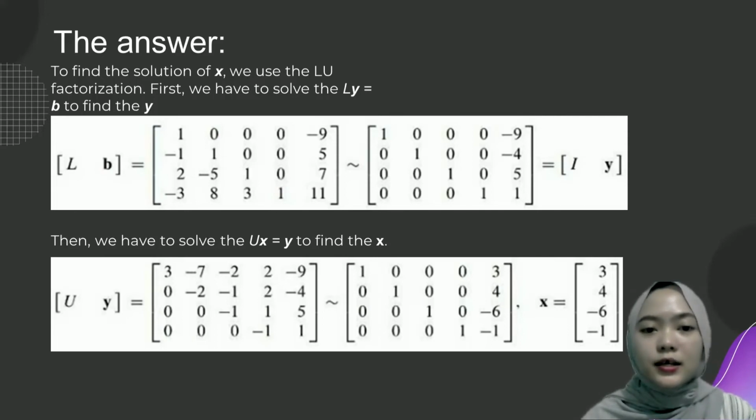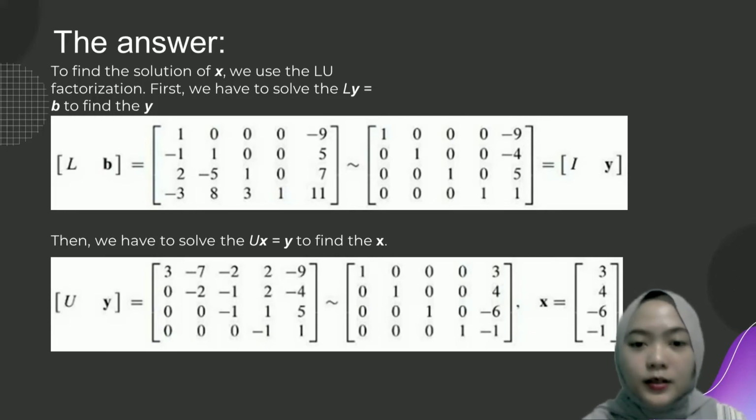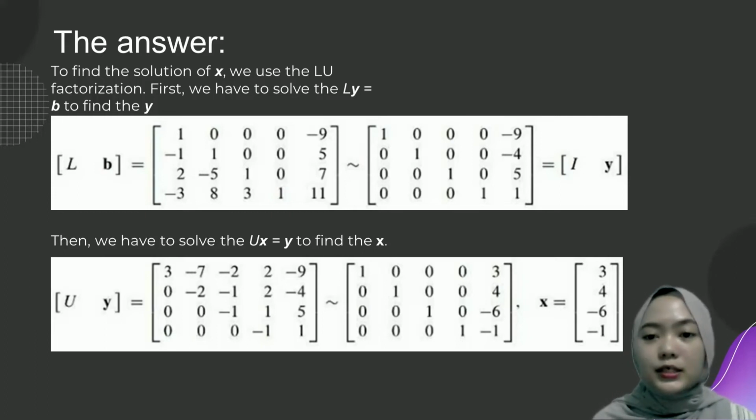To find y, we use reduced row echelon again, and we got that the matrix y is -9, -4, 5, and 1.